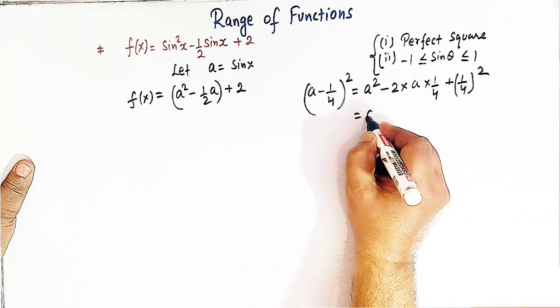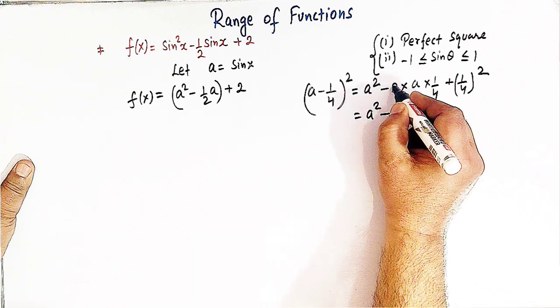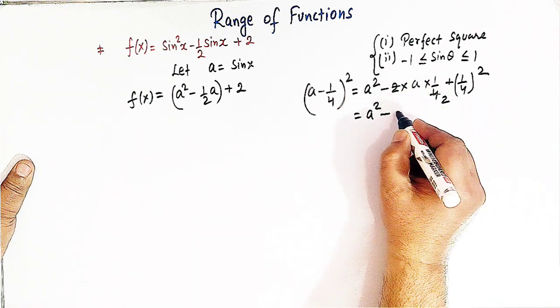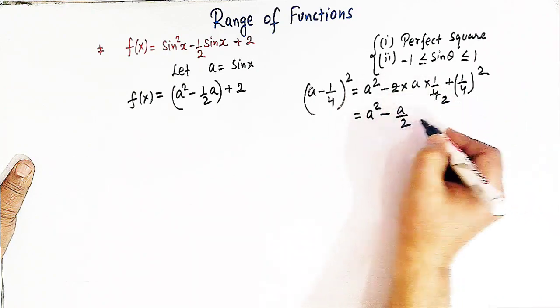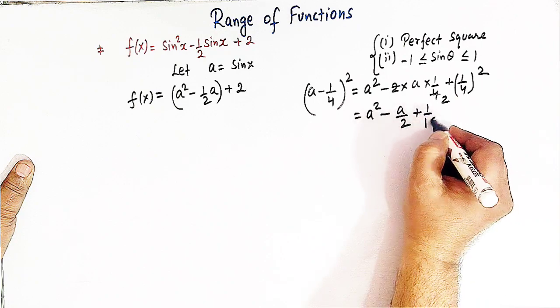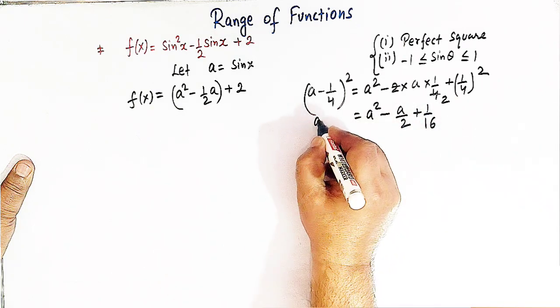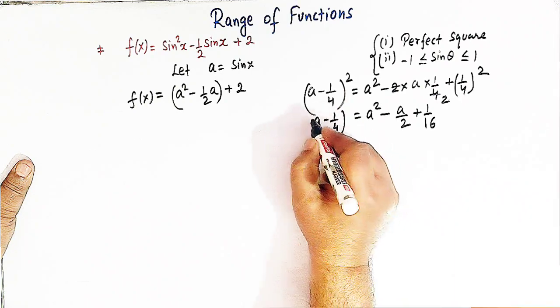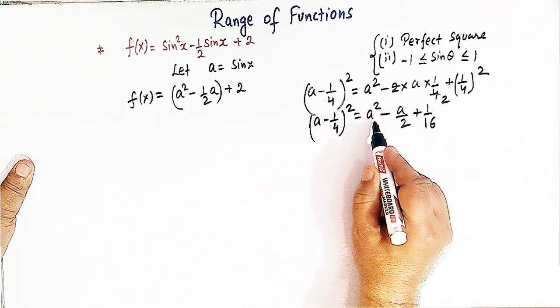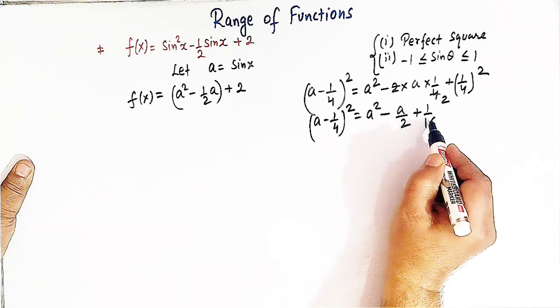So we have a square minus a over 2, and here we have 1 over 16. So a minus 1 over 4 square is given by this trinomial.